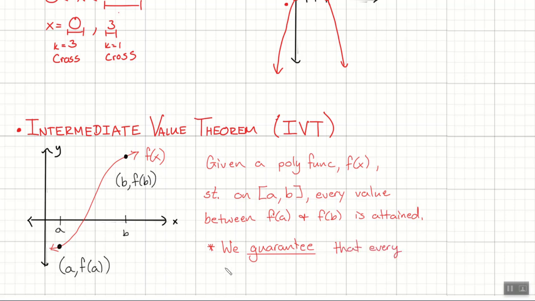Every y value from f of a to f of b is used.